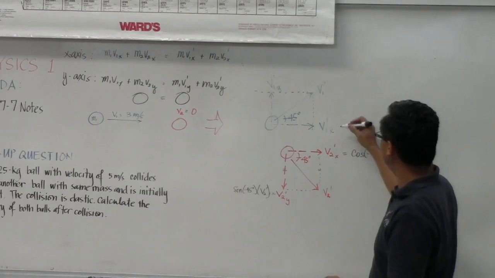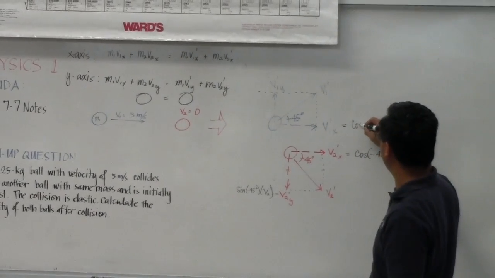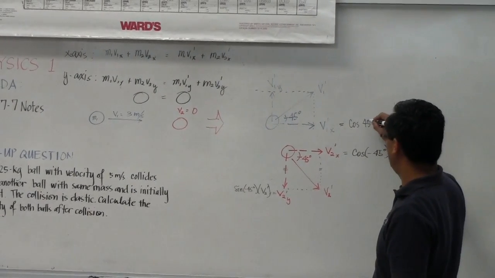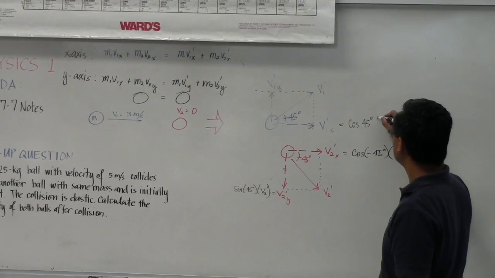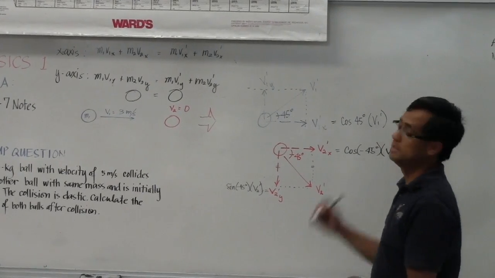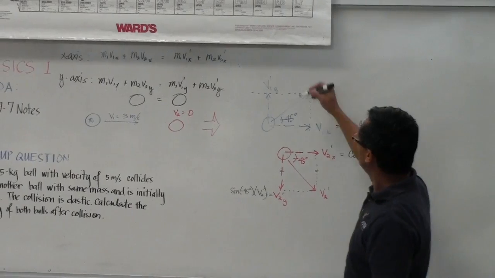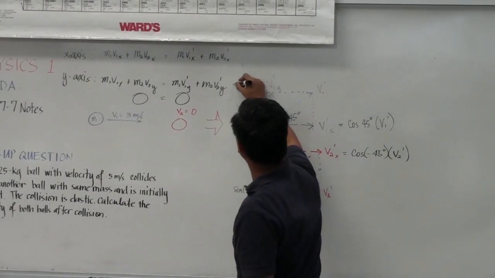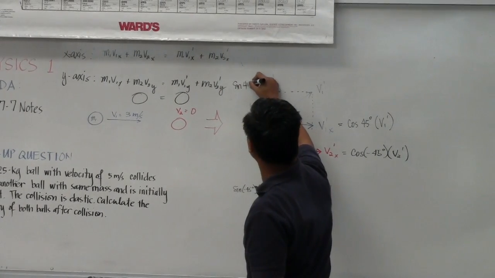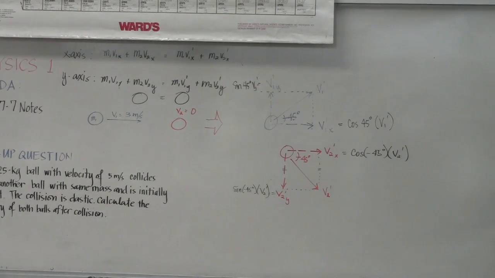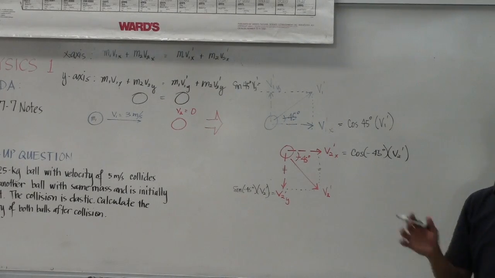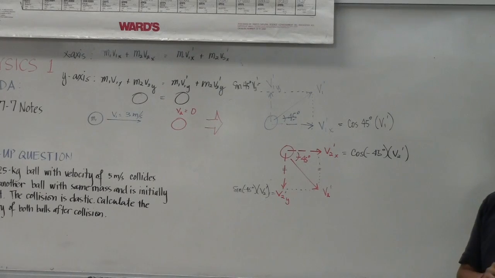So just like what we did with adjacent, it's going to be cosine 45 degrees times V1 prime, isn't it? And this one would be equal to my sine 45 degrees V1 prime. Yes? Okay. So we've just broken it down.